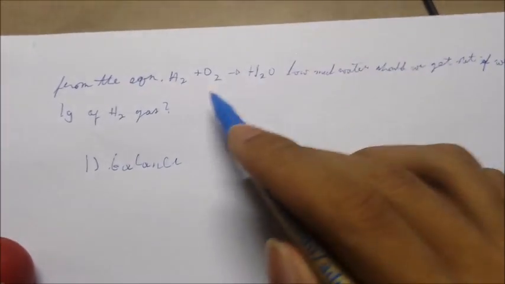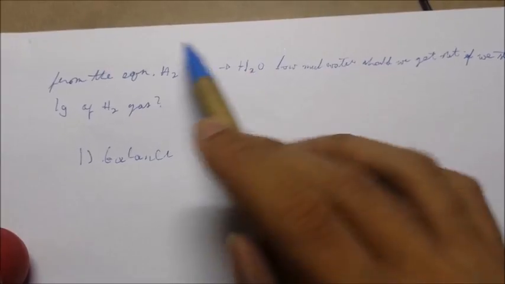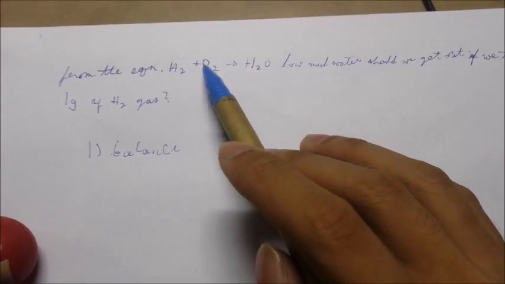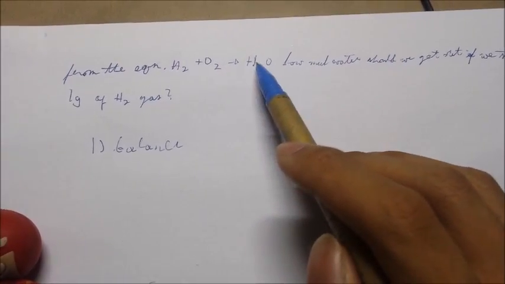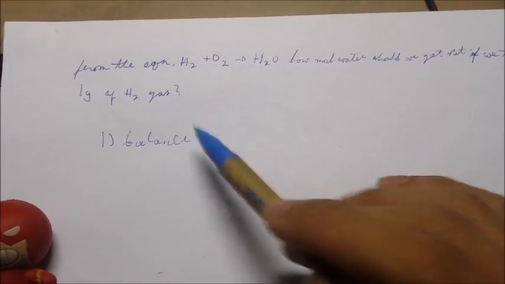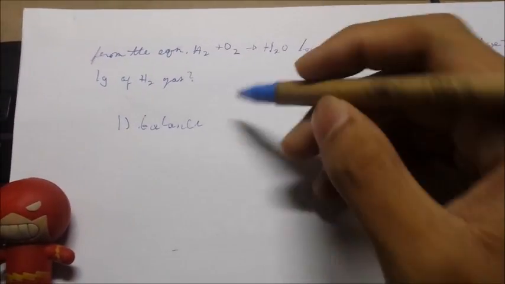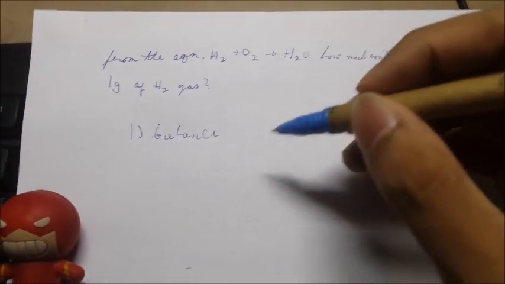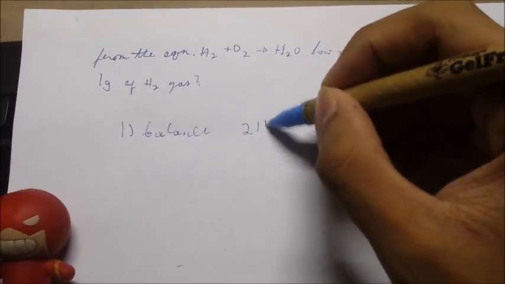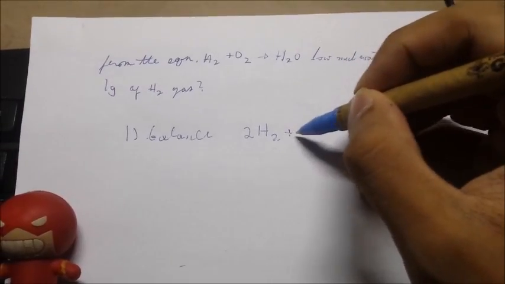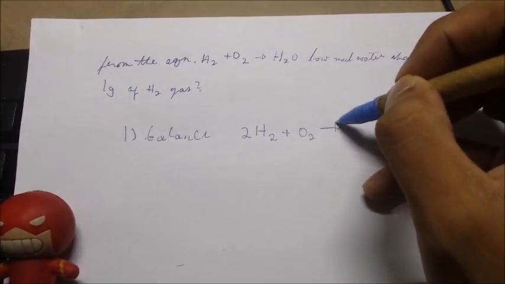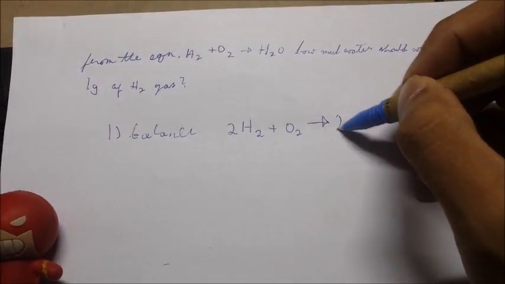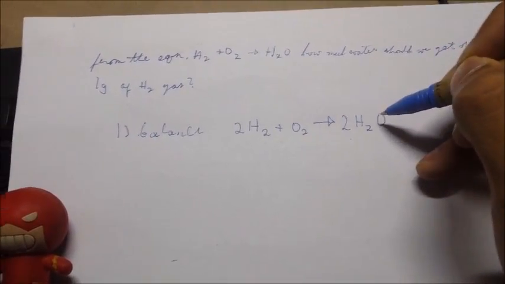Okay, so first step, we have to balance the equation. To get this balanced, you'll need to multiply H with 2 and O with 2, because it's going to be 4:2, so you get that ratio. It's all about ratio here in stoichiometry. You get the proper ratio. So it's going to be 2H2 plus O2 gives 2H2O.